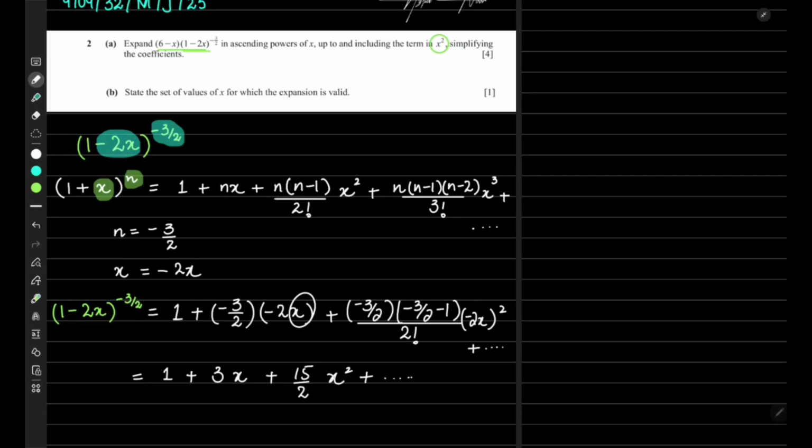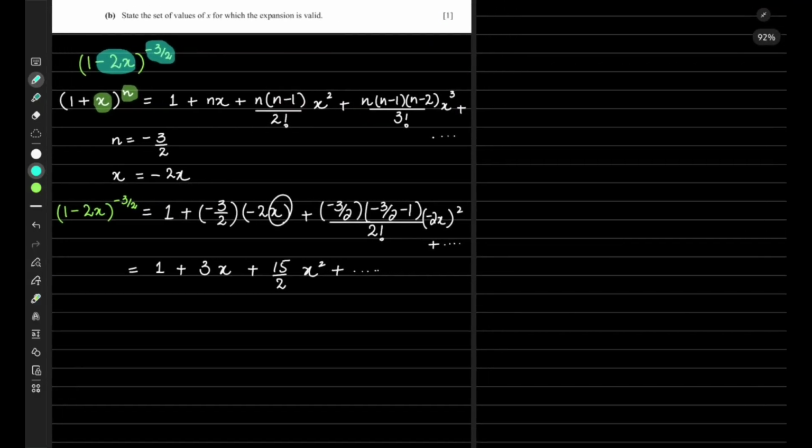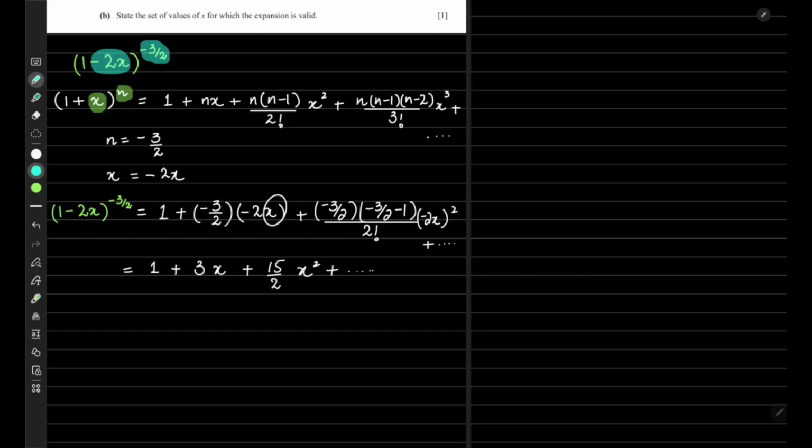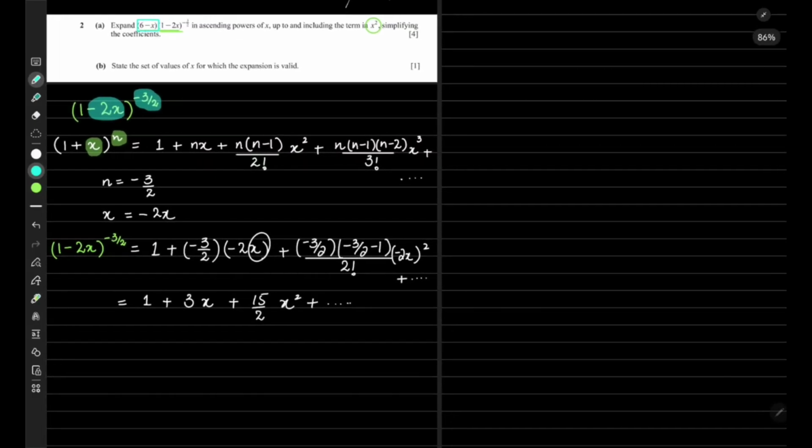That's it. Now we have to multiply this also with (6 minus x). So let's multiply that. We need up to the x square term, so we have to multiply all of it.